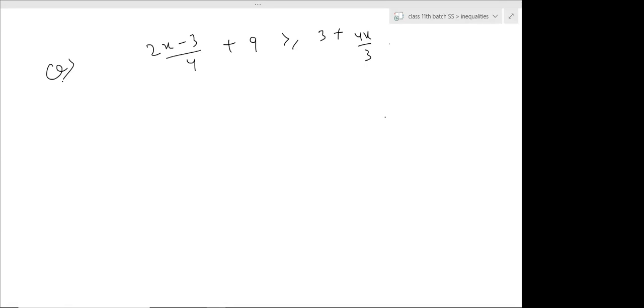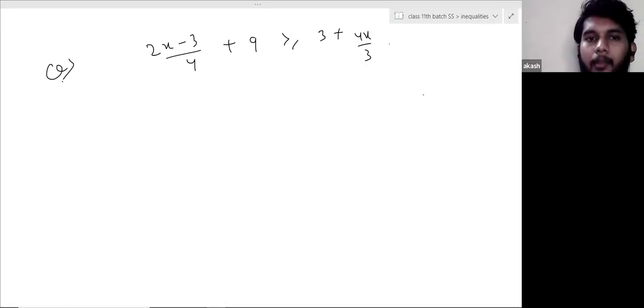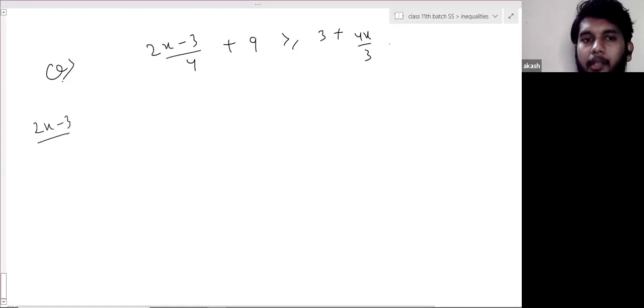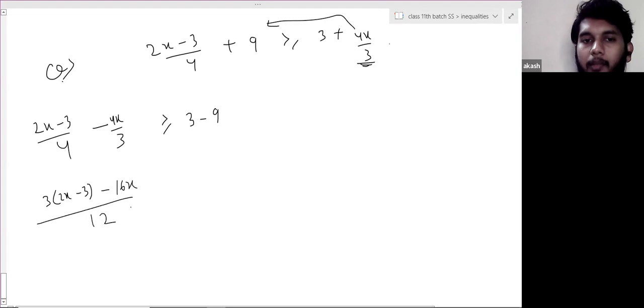All right. Let's see how to solve this. This is 2x minus 3 upon 4. You can bring this to the left side. So minus 4x upon 3 is greater than or equal to 3 minus 9. Now, taking LCM, this is 3 times 2x minus 3 minus 16x upon 12 is greater than or equal to minus 6. This is 6x minus 16x, which is minus 10x, and minus 9 upon 12.